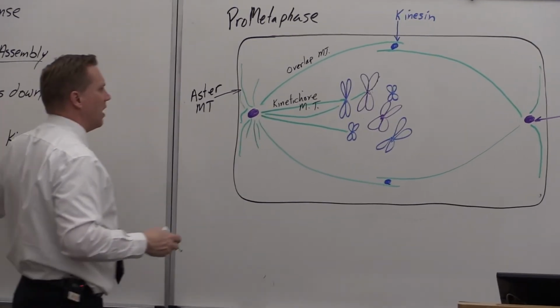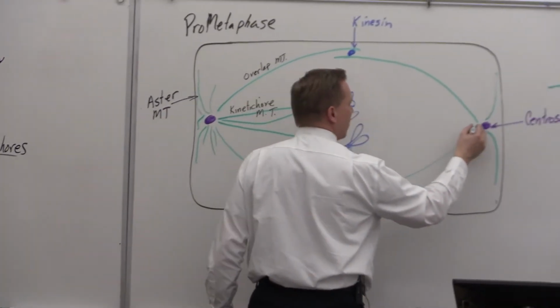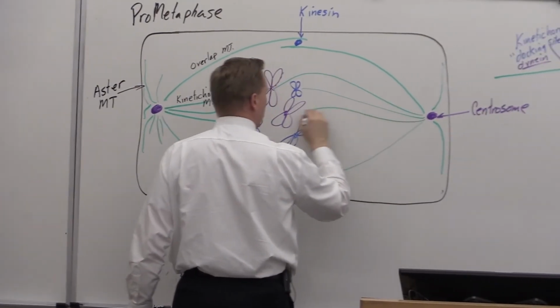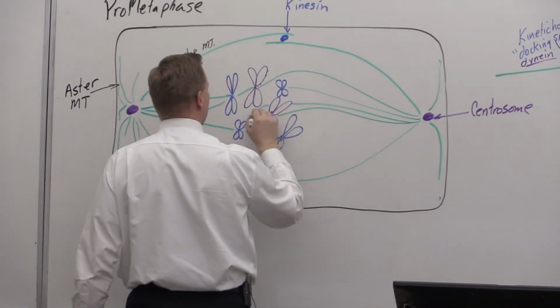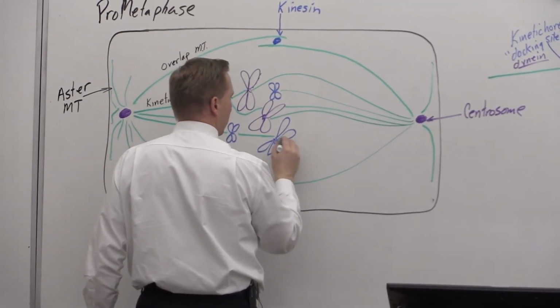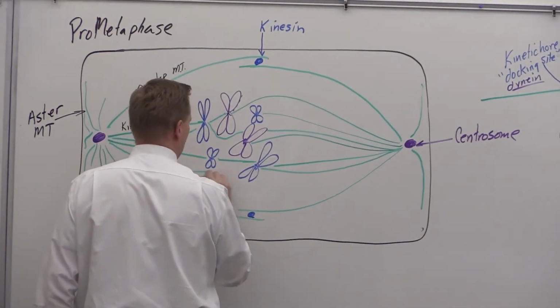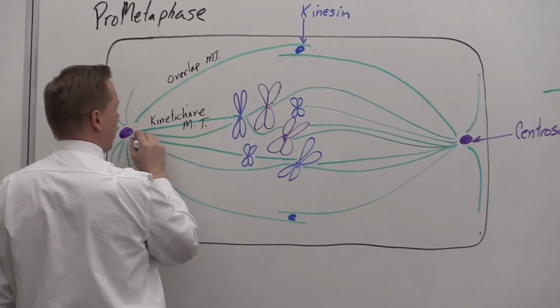So what we mean by this is actually the centrosomes from either side are sending out these kinetochore microtubules to contact the different chromosomes. I probably do too many chromosomes here.